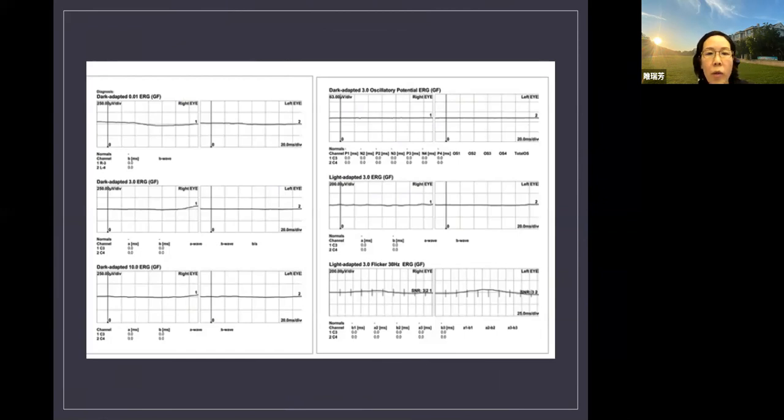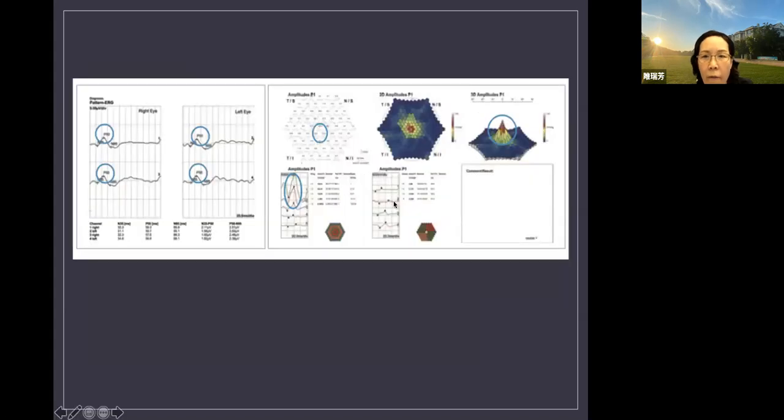Maybe the patient with a non-recordable ERG has 20/20 or 1.0 vision, because maybe only the central cone photoreceptors are still functioning. So for a flat ERG, we need to record multifocal ERG.